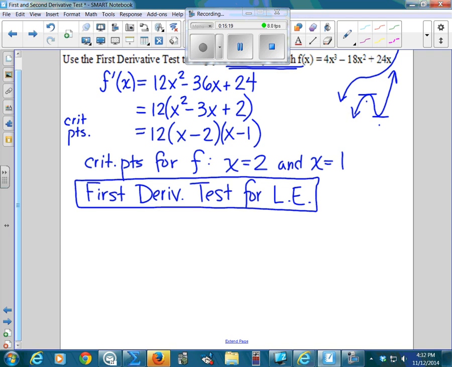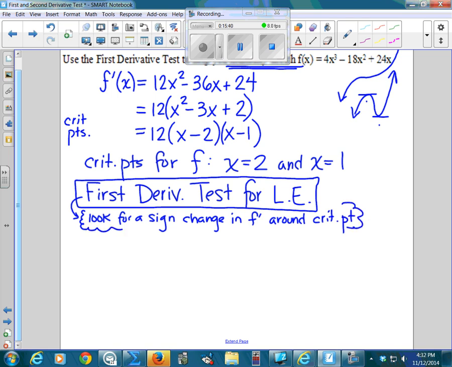So remember, first derivative test, we look for a sign change in f prime around the critical point. If you have a sign change, you've got a local extreme. If you don't have a sign change, you do not have a local extreme.